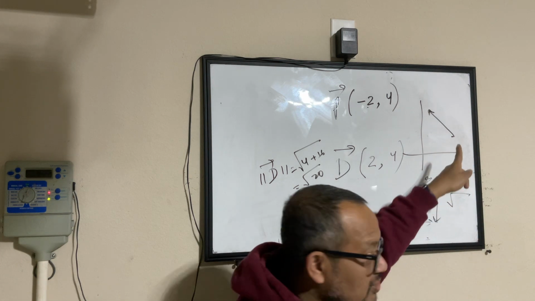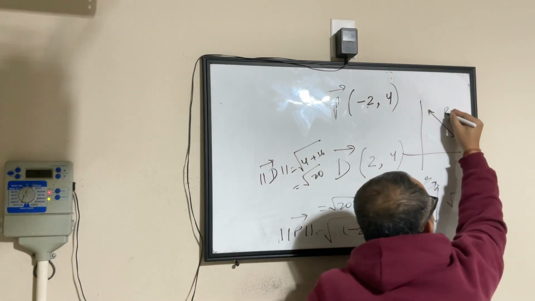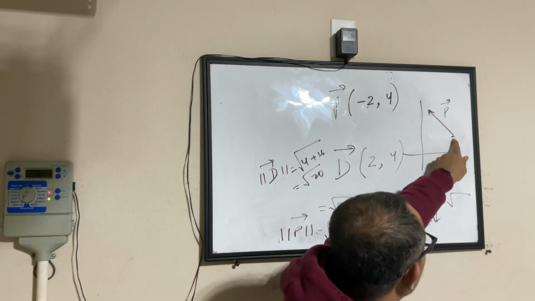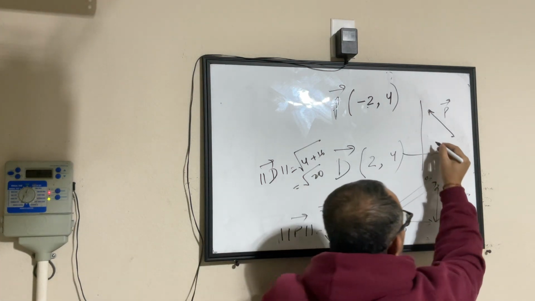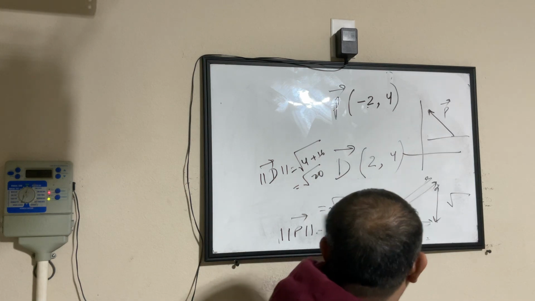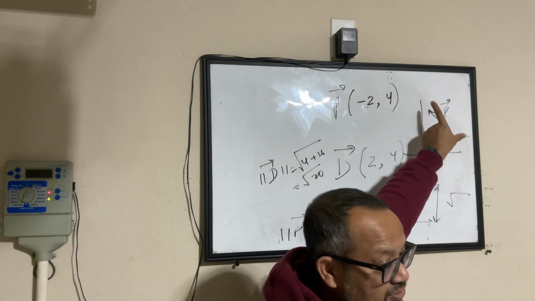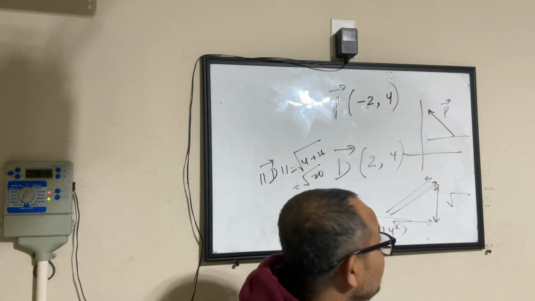So this looks to be the vector, because the x value is decreasing and the y value is increasing. Now, from this calculation you found the magnitude, you know the length of this vector, but what is the direction?